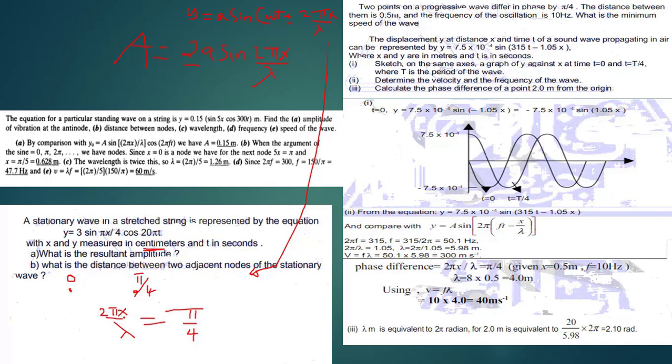We know that x is given, the distance between them is 0.5 meters. So we know x is 0.5 meters.